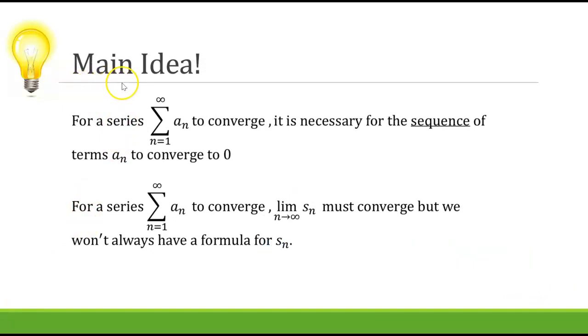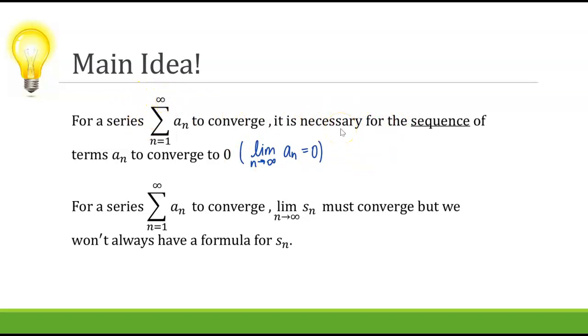Let's pause for a main idea. For an infinite series, the sum of n equals 1 to infinity of a sub n to converge, it is necessary for the sequence of terms a sub n to converge to 0, or the limit as n approaches infinity of a sub n must equal 0. So it is necessary for this to happen in order for the infinite series to converge.